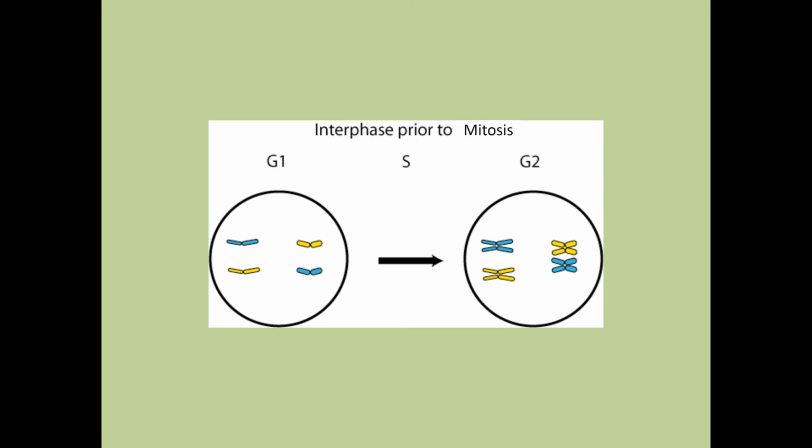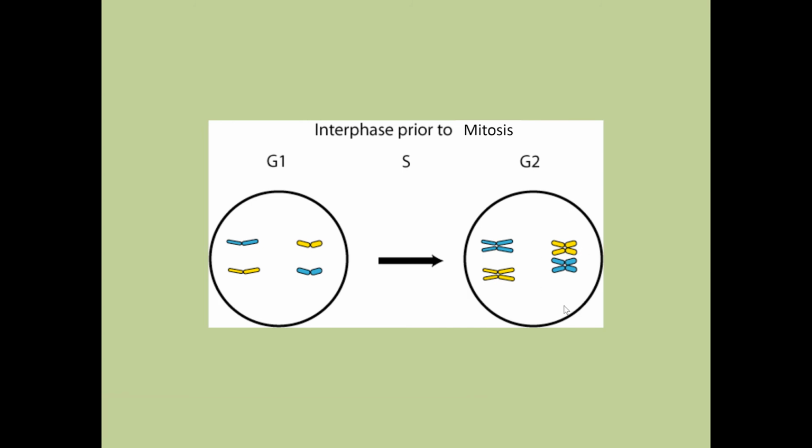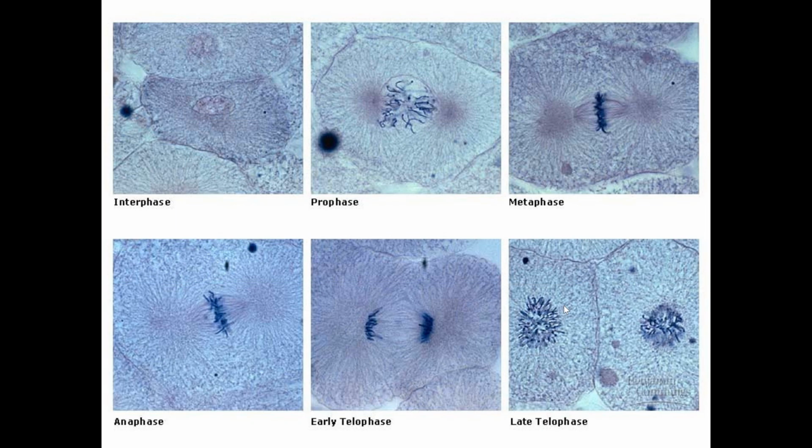So this is what interphase looks like. We have G1, S, and G2. You could see the chromatids are singular here, and then they connect to form chromosomes, multiply. Okay, this is kind of just an introduction to mitosis. I don't expect you to really know what's going on yet in that picture.